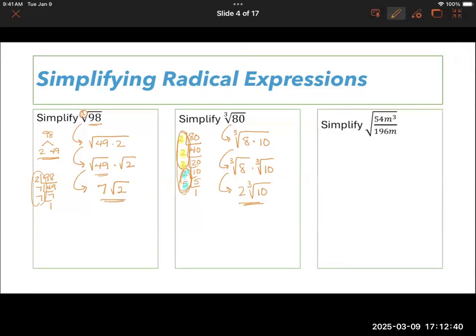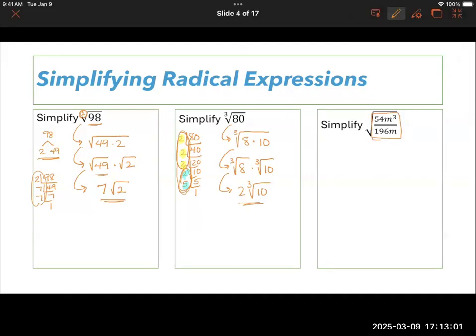Now, you can also simplify expressions that have variables in them. This is a quotient. And so when we're taking the root of a quotient, if possible, I would suggest your first step is to simplify the quotient itself as much as possible.